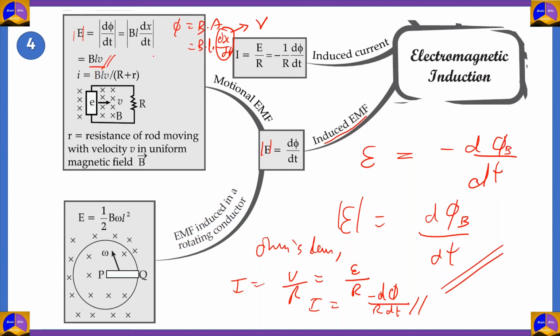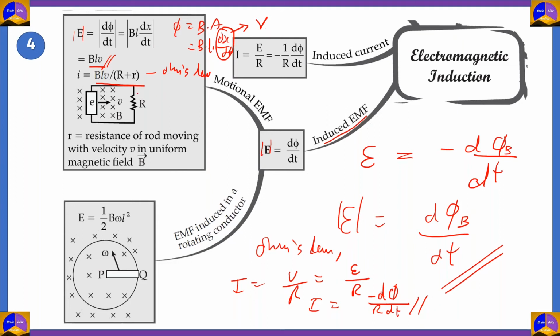And when it comes to current, if we have a conductor in here, then we'll have internal as well as an external resistance. So I will be equal to BLV divided by capital R plus small r. And this is again using Ohm's law.